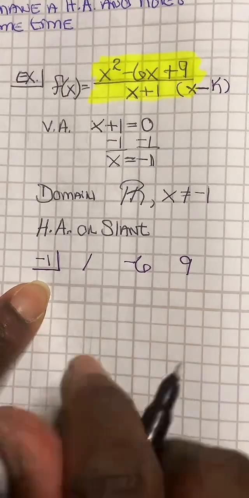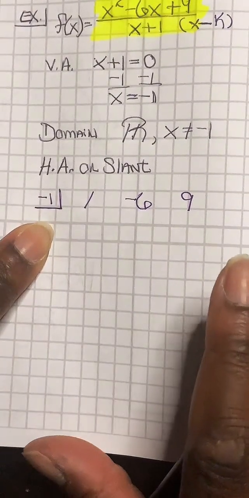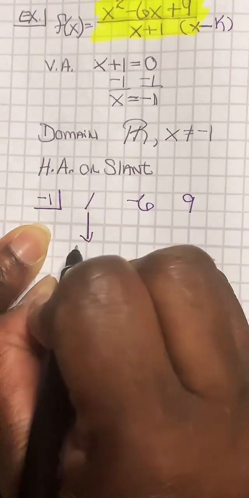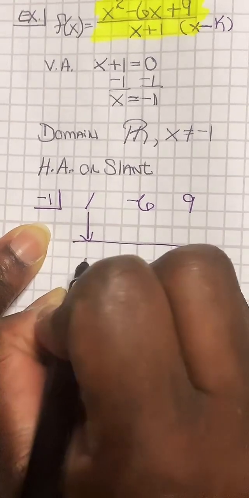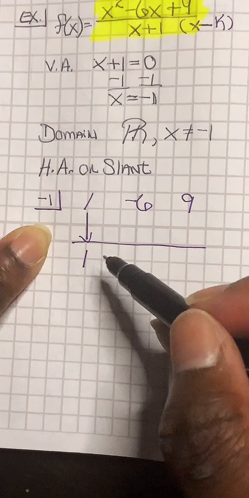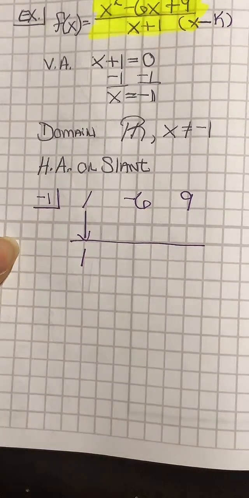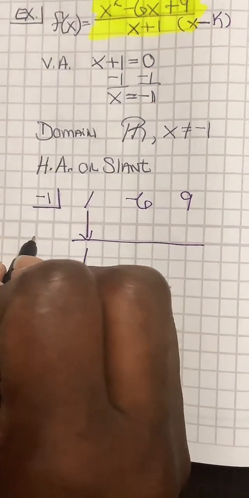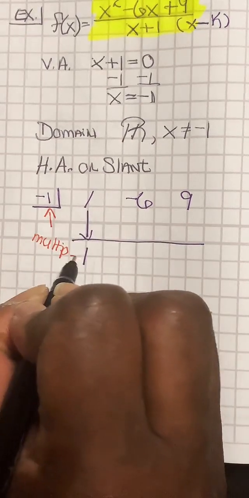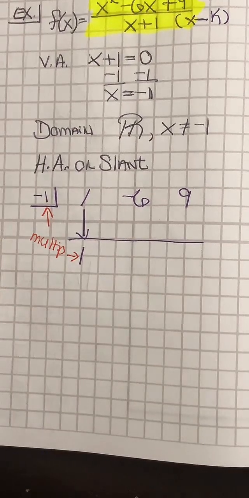All right. So now we're going to follow step by step. I might have to do another video on synthetic division or long division. First step, the first number is going to come down. The first number always drops down. Now what happens next is you're going to multiply what's inside the box to what's down below in this row.